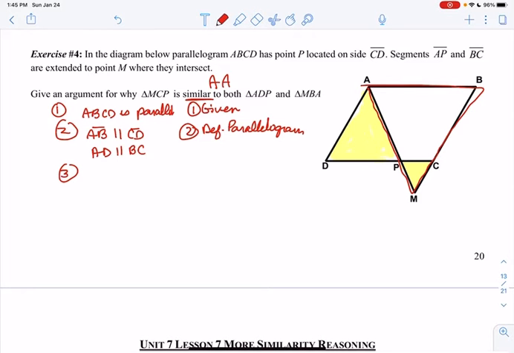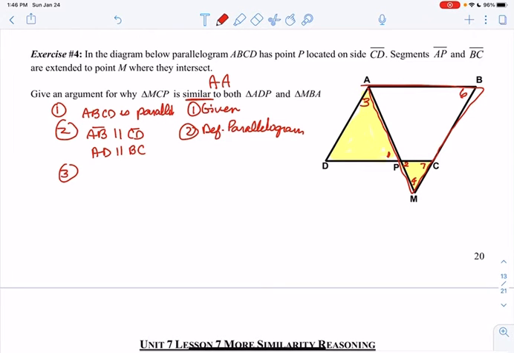That would make these angles here, angle 3 and angle 4, congruent to each other. Those would be alternate interior angles. I'm going to put 1 and 2 here. I'm just trying to match it up to my picture that I already have. That would also make 6 and 7 congruent to each other.